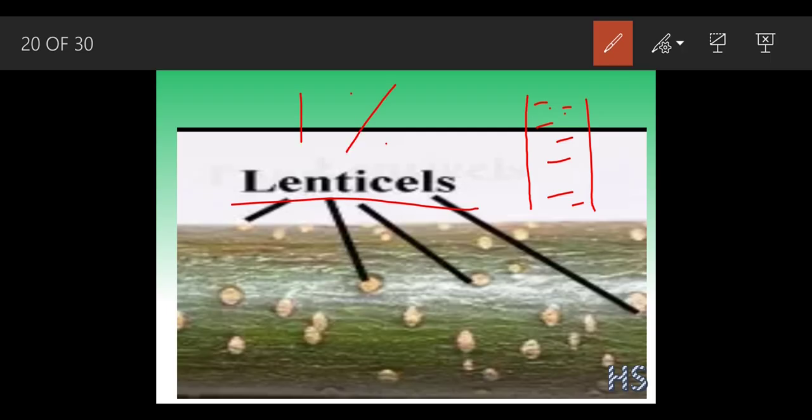So the loss of water through lenticels is very less as compared to stomata and cuticular. The highest loss of water would occur in the stomata, then cuticular, and then the lenticels. And these lenticels are open the whole day.